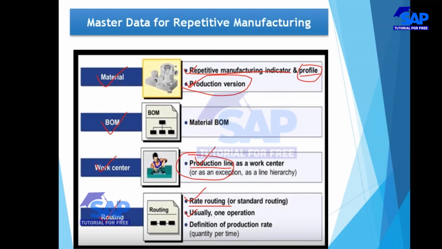Of course you can have more than one operation, but it is recommended to have only one. Then you will define some production rate, quantity per time, in the routing. That is why it is called rate routing. So this is the master data we will be creating for repetitive manufacturing. Let's see some practicals. We'll create one by one, and then we'll continue with the flow.